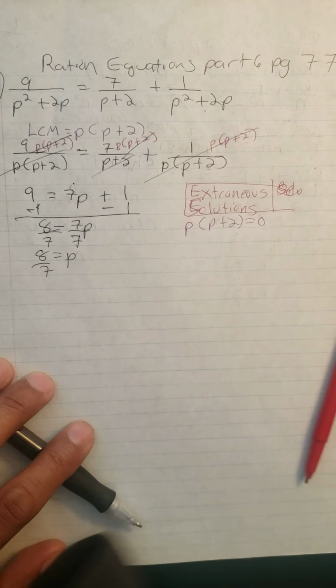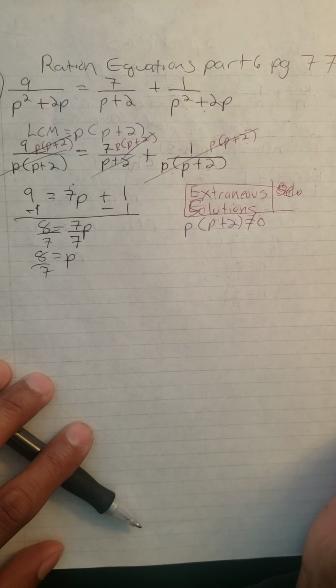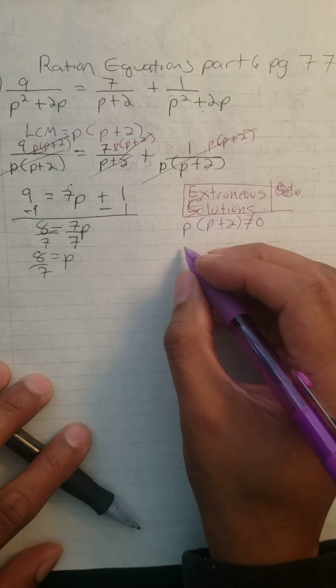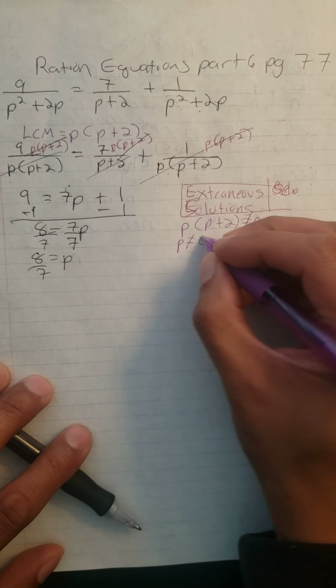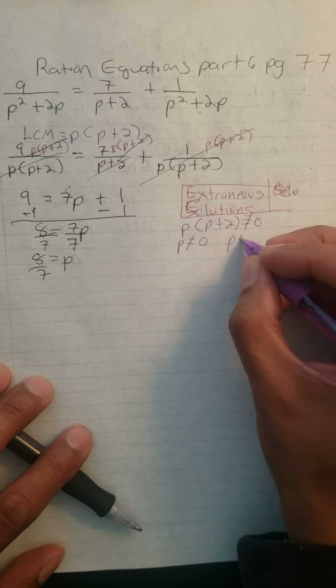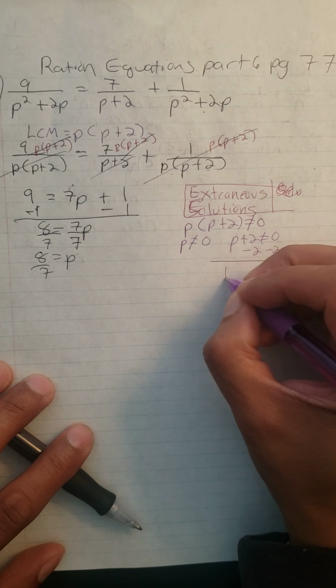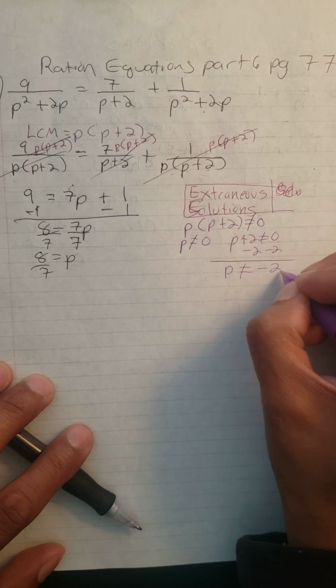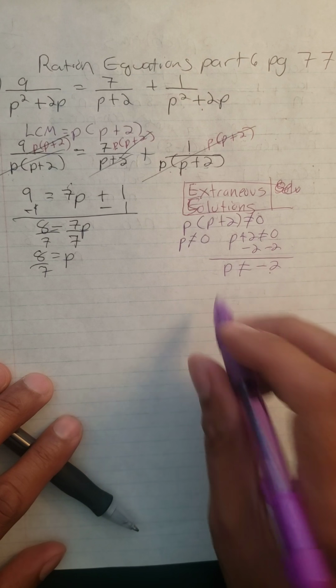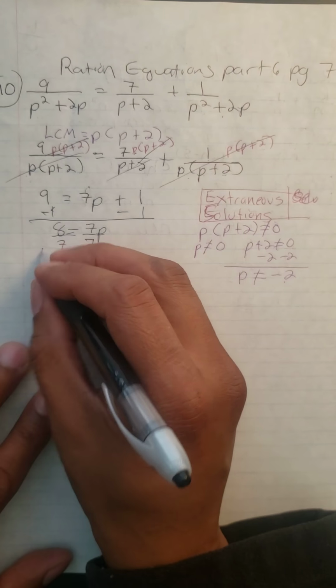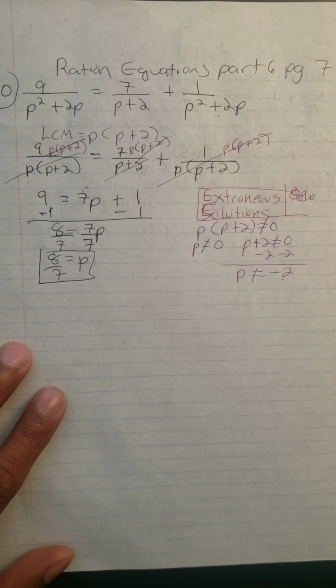We don't want it equal to 0. So now we break these apart and set P is not equal to 0 here, and P plus 2 is not equal to 0 here. Do the additive inverse, so P would not be equal to negative 2 or 0. The only answer we can get for P would be 8/7.